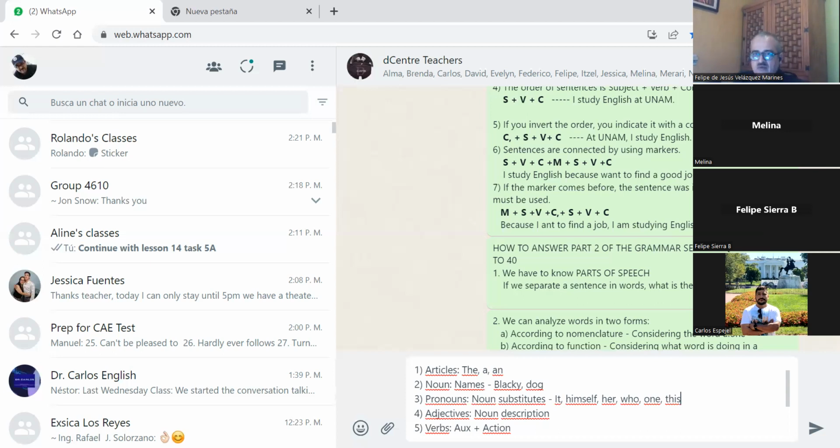For example, I want to substitute the word Felipe. If I say, who is it? It substitutes Felipe. If I say, I'm speaking to myself, myself substitutes Felipe. If I say, I don't know him, I don't know Felipe. Or if I say, there are two persons, one is Juan and the other is Felipe, so "the other" and "one" are pronouns.